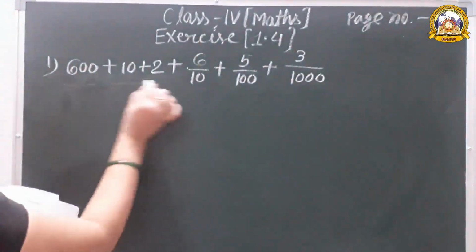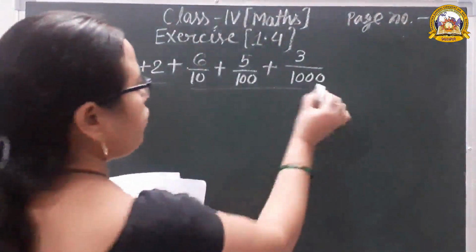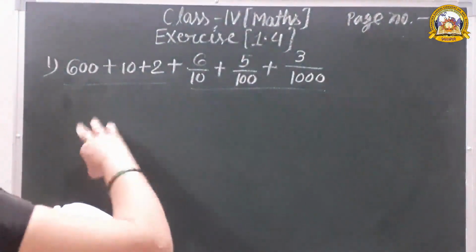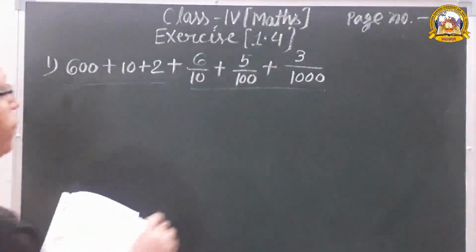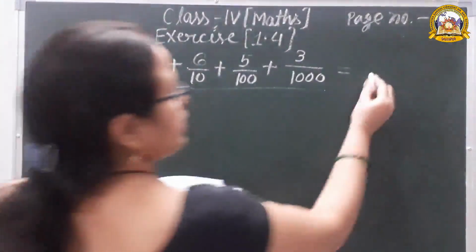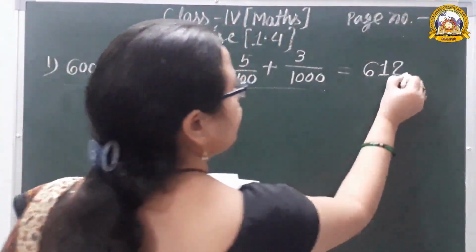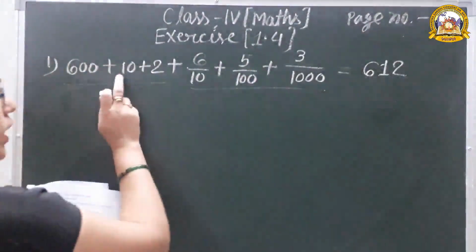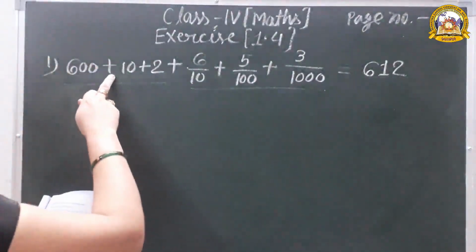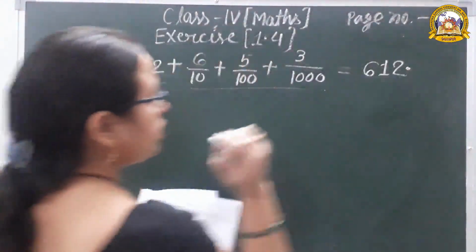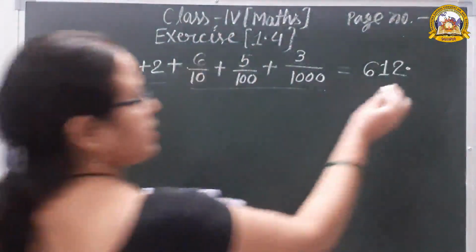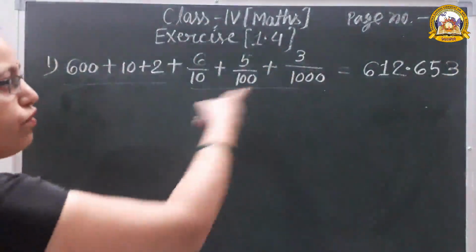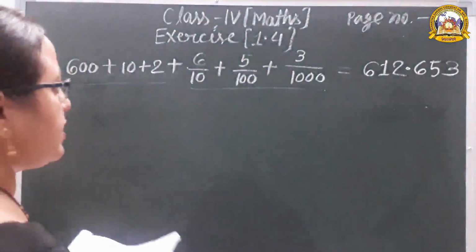This part is the whole part and this is the fractional part, with the decimal between them, so we can easily find the whole part and the decimal part. 600 plus 10 plus 2 means 612, the short form of the whole part. Now put the decimal: first number is 6, then 5 and then 3. That is the short form of this expanded decimal number.